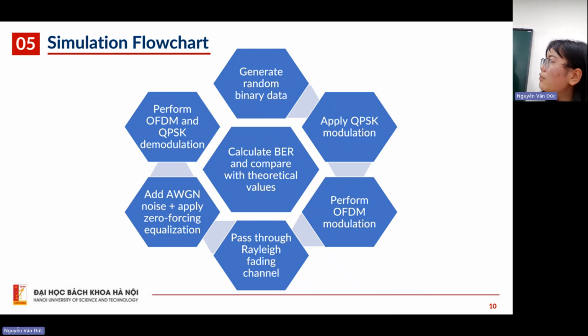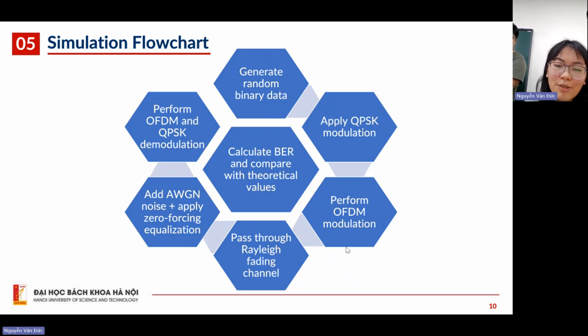So here is the flowchart of our simulation. Firstly, we generate random binary data. After that, we apply QPSK modulation, and then we perform OFDM modulation with 128 subcarriers.